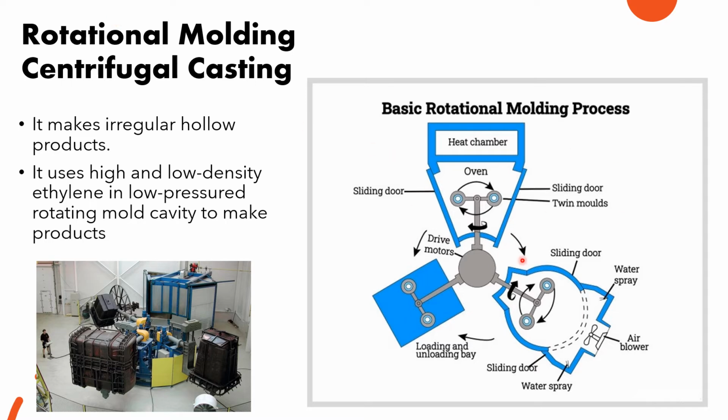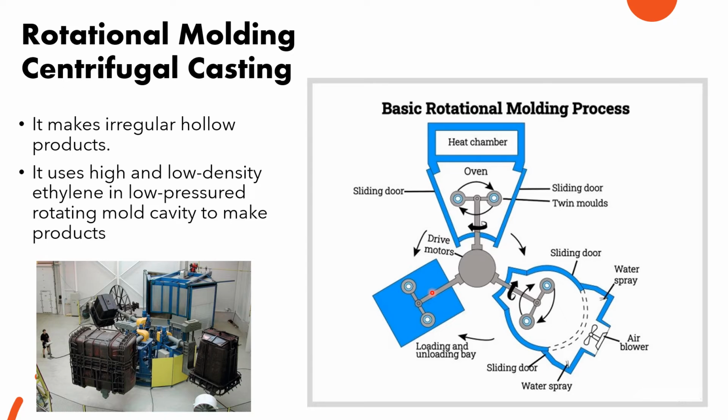Okay, the next one is rotational molding. Since it's rotational, we use another word for it, centrifugal casting. So we can make irregular hollow products with this method. Don't forget the keyword: irregular hollow products.